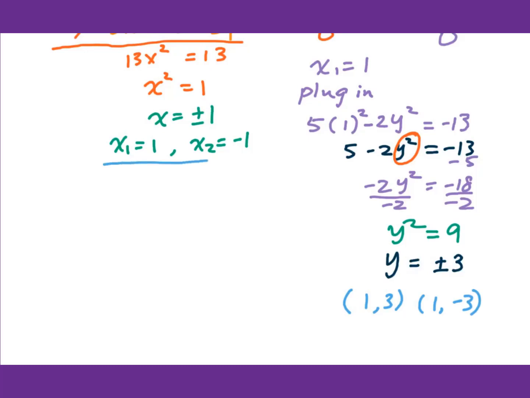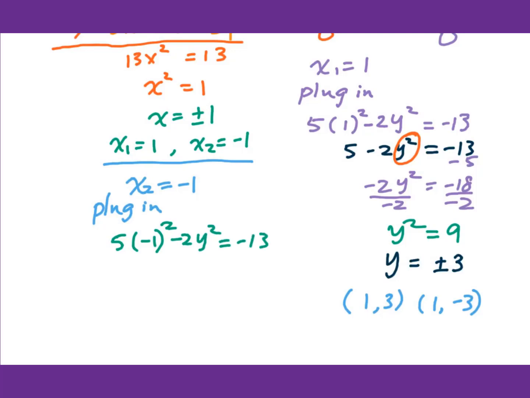Then we plug in x2 equal to -1. Still plug into the first equation. You will get the same answer. We get 5 times -1 squared minus 2y squared equals -13.